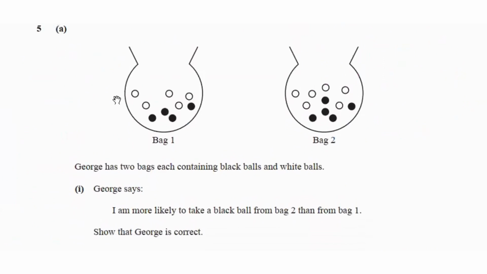Question 5 says George has 2 bags, each containing black balls and white balls. George says, I am more likely to take a black ball from bag 2 than from bag 1. Show that George is correct. So now if we look at the bags, we can say in bag 1 there are 4 black balls.